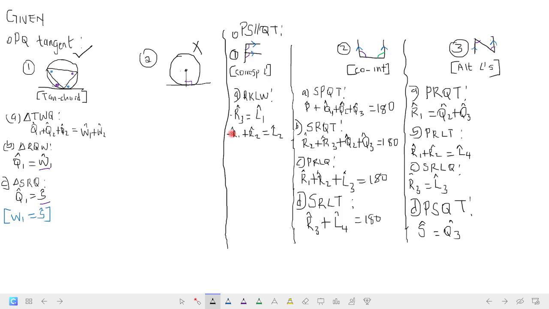RS is equal to TW. So whenever you're told that sides are equal, it is important that you first look at the sides, whether they are tangents or just lines that are in between the circle, not the triangle, the circle.